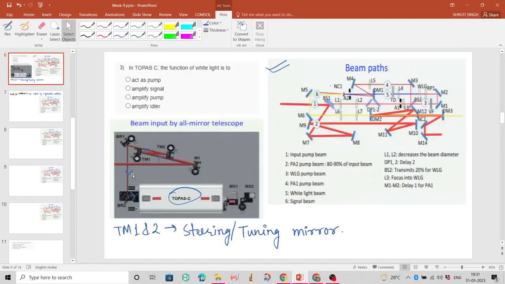What we discussed here is that the output of the regen goes in as the pump. So from here the figure starts. After this part the path is this. This red light which is entering is shown as this one, which hits this BS1. Now what is BS1?